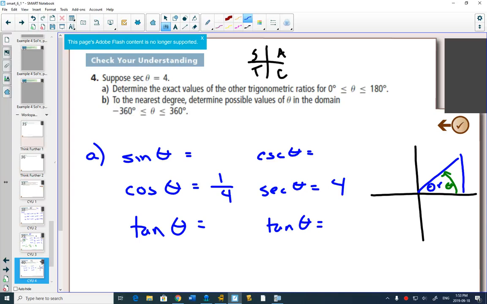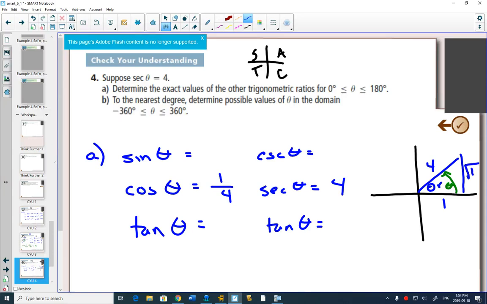So if we draw a triangle where the adjacent divided by the hypotenuse is equal to 1 over 4, we're going to be fine. Now most people actually use 1 and 4. You could have used 2 and 8, because 2 divided by 8 is the same as 1 over 4. But for the most part, when we draw this, I know cos is the adjacent over hypotenuse. I'll label the adjacent as 1. My hypotenuse is 4. You're going to get really good at a squared plus b squared equals c squared. Do the mental math in your head.